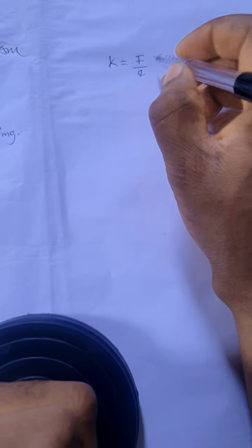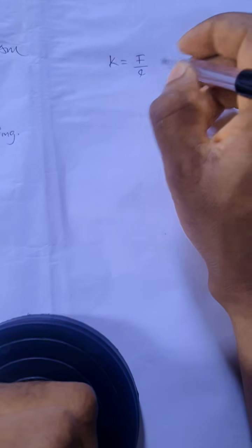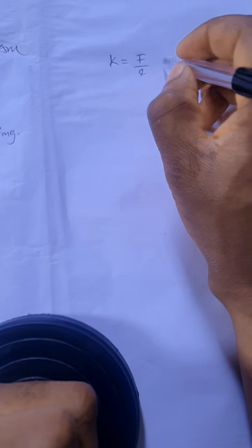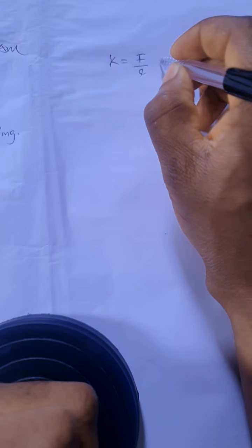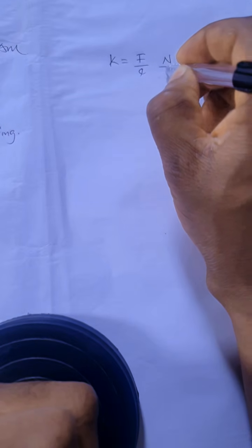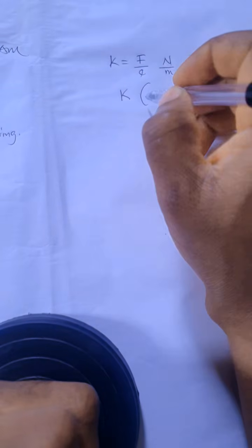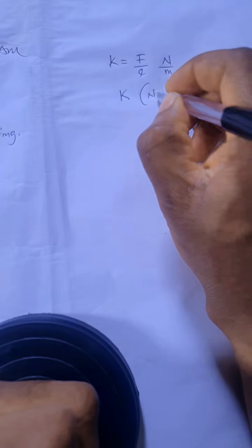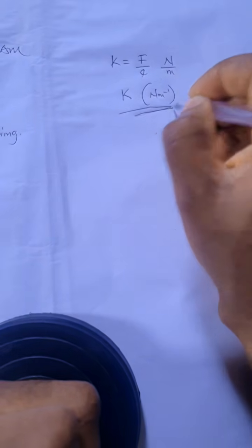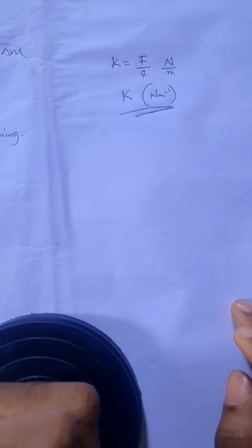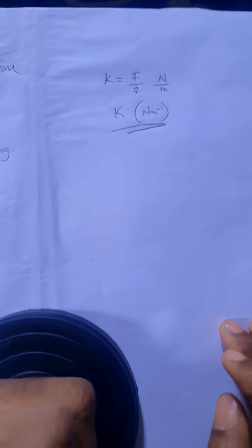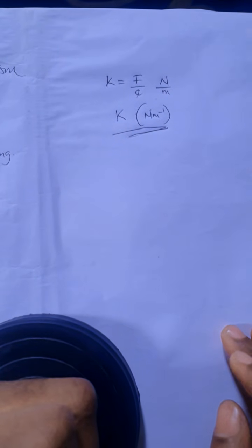Therefore, the unit of our slope or the unit of our evaluation is going to be newtons per meter. So we are determining the spring constant k in newtons per meter. So this is what I have for us. I believe this will contribute to what we have learned earlier.